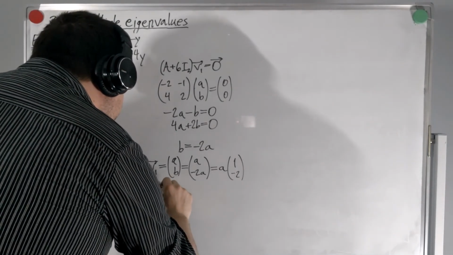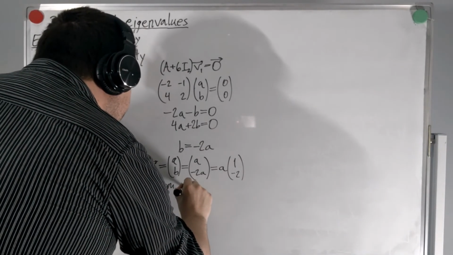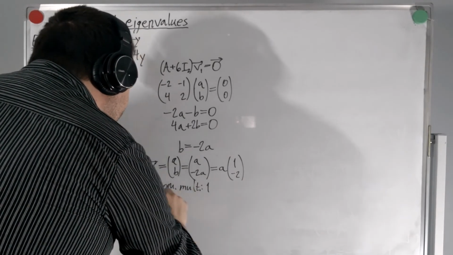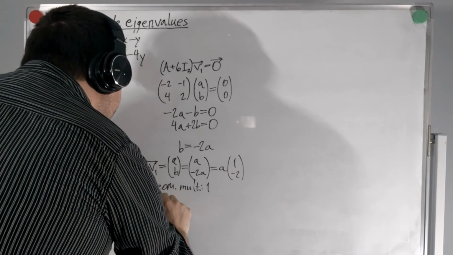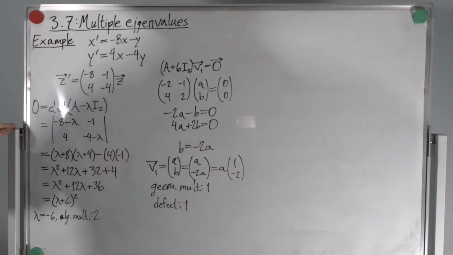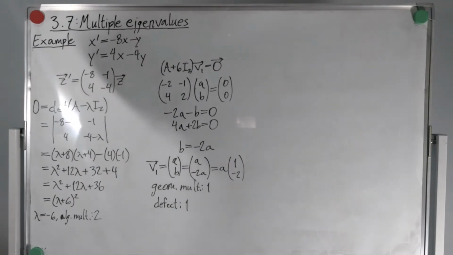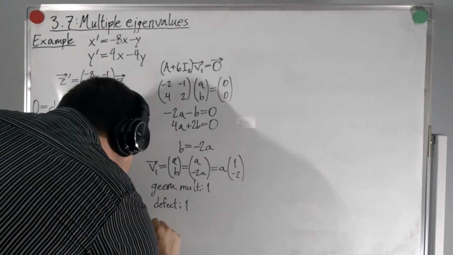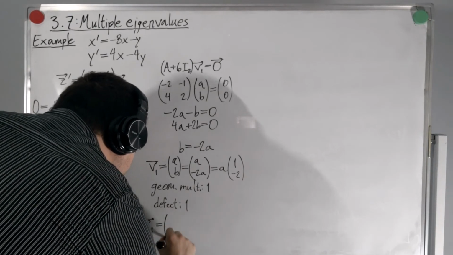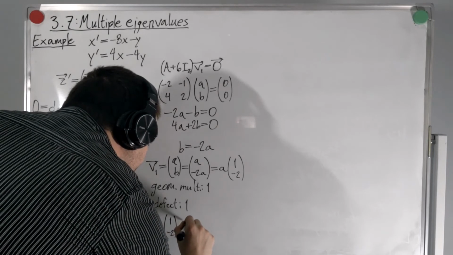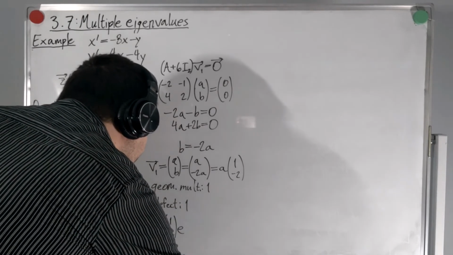So again, the geometric multiplicity is 1, which means the defect is 1. So we can construct one basis solution, (1, -2) e to the negative 6t.